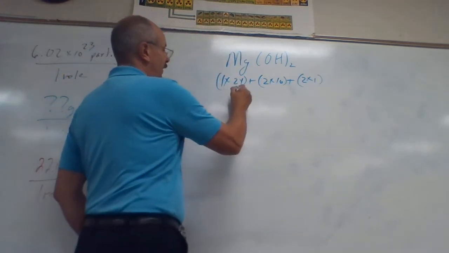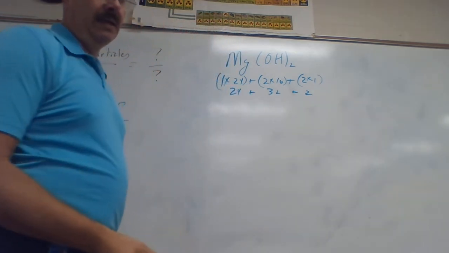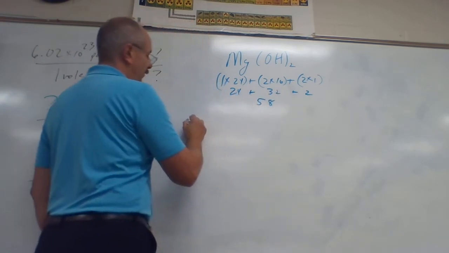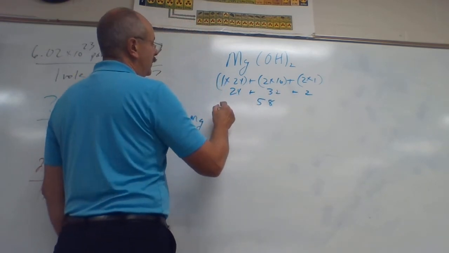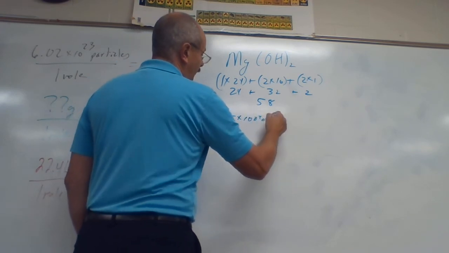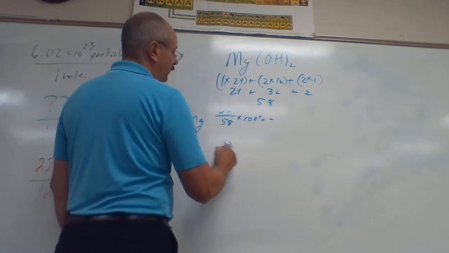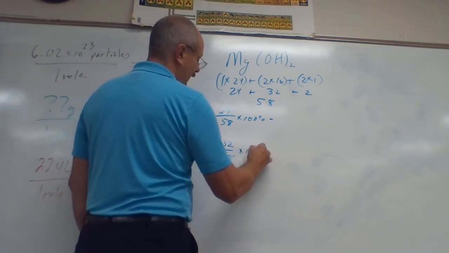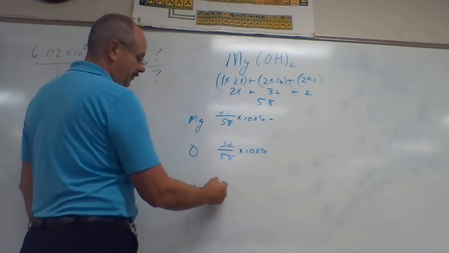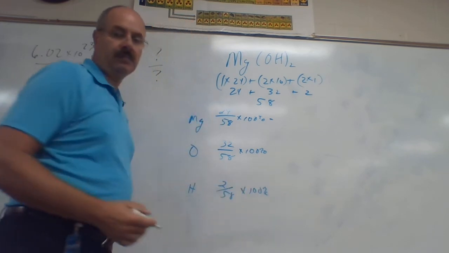So we add these guys up, I got 24 plus 32 plus 2. And you add all those guys up and you get 58. So now I go Mg, he is 24 grams out of the 58 times 100%. Then I got oxygen, he supplies 32 out of the 58 times 100%. And the hydrogen supplies just a little bit, 2 out of the 58 times 100%.